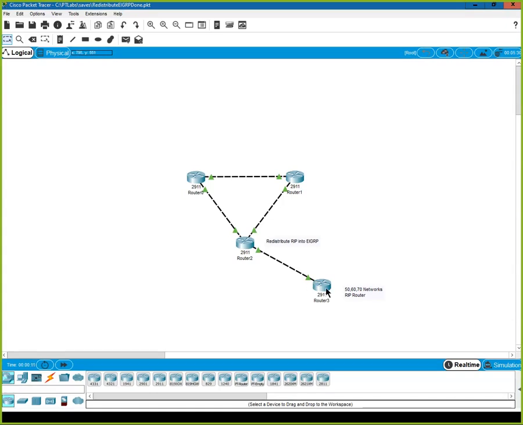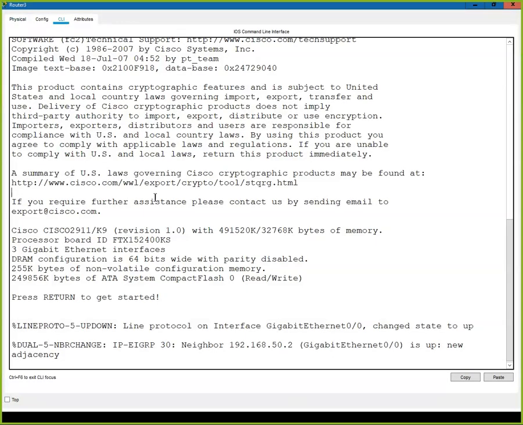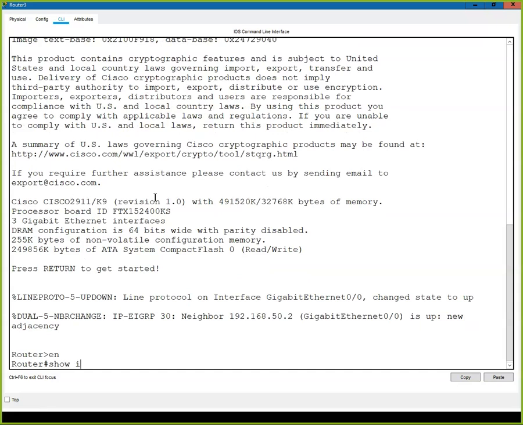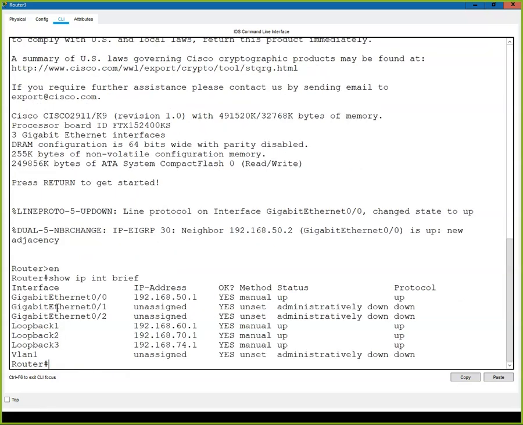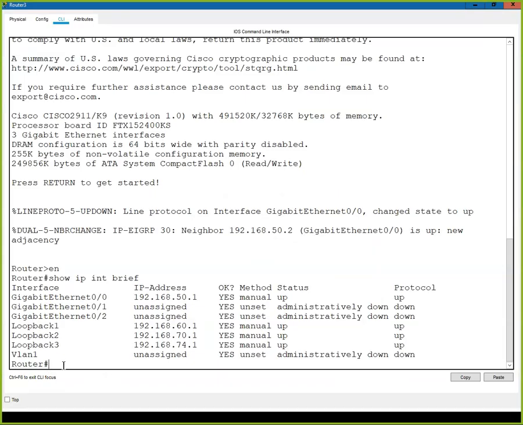What I've got here is, if I go into this thing and do a show IP interface brief, I have a bunch of interfaces. These are Lo loopback interfaces. That allows me to build a big routing topology and play with different routes without having to do any more configuration than that.